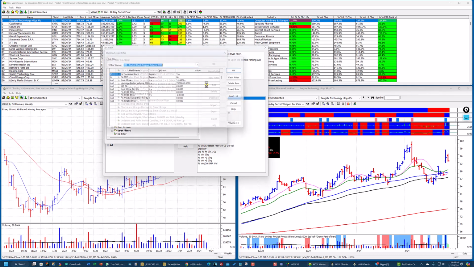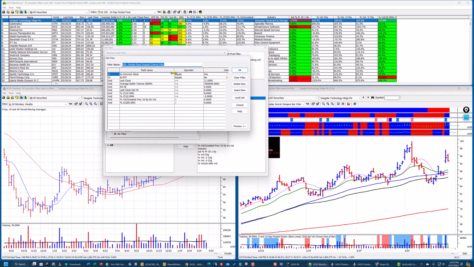If I open up the filter and click on it, it shows that you can have some choices. This is something I did different that I haven't done before. A lot of people like ETFs rather than common stocks or both. I'm giving you the option of selecting just common stocks, or if you want ETFs in the scan too, you can just change this to a yes.